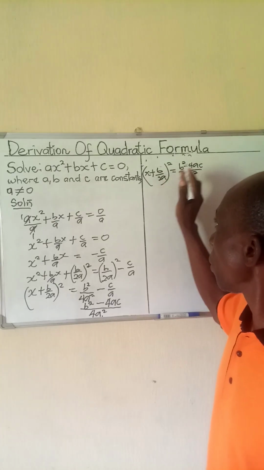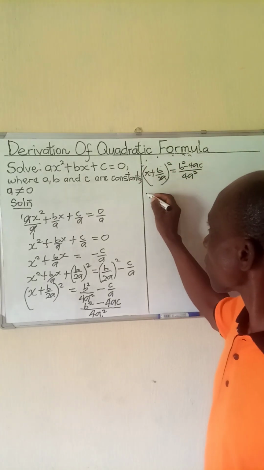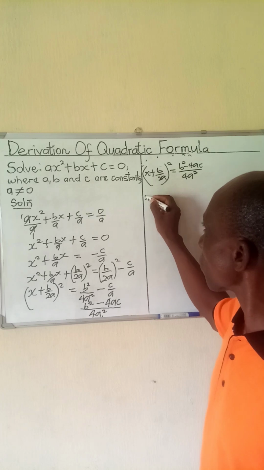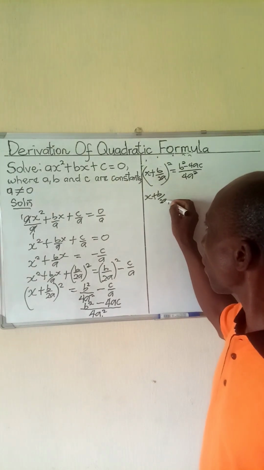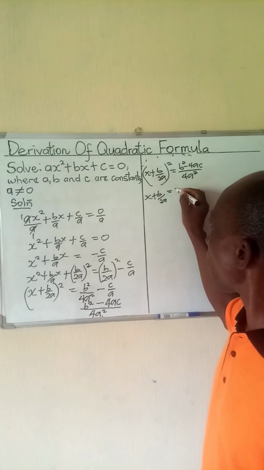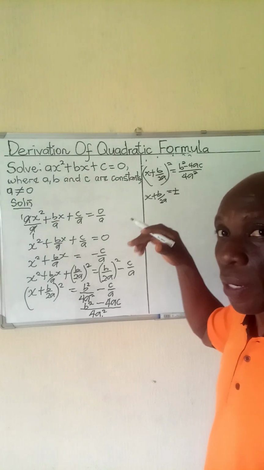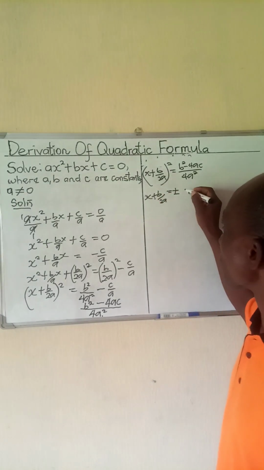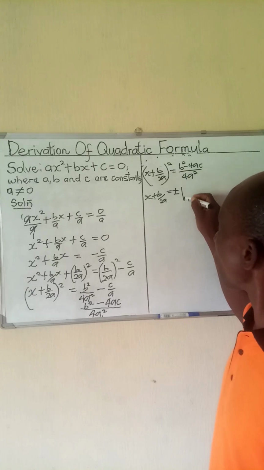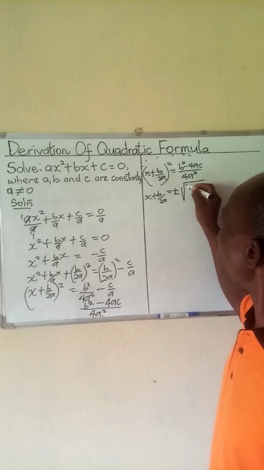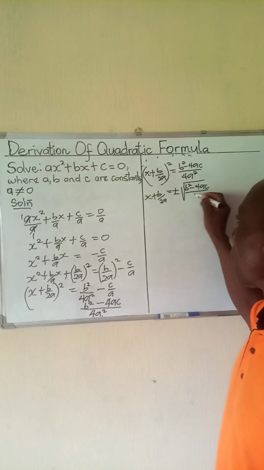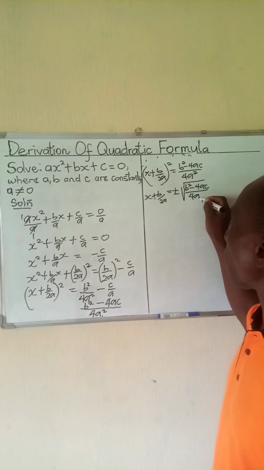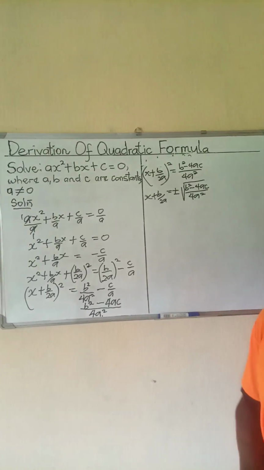When we do so, the left hand side will become x plus b over 2a is equals to plus or minus. We explained in the previous video why we are using plus or minus here. So we'll have the whole of this, b squared minus 4ac divided by 4a squared. That's what we have.